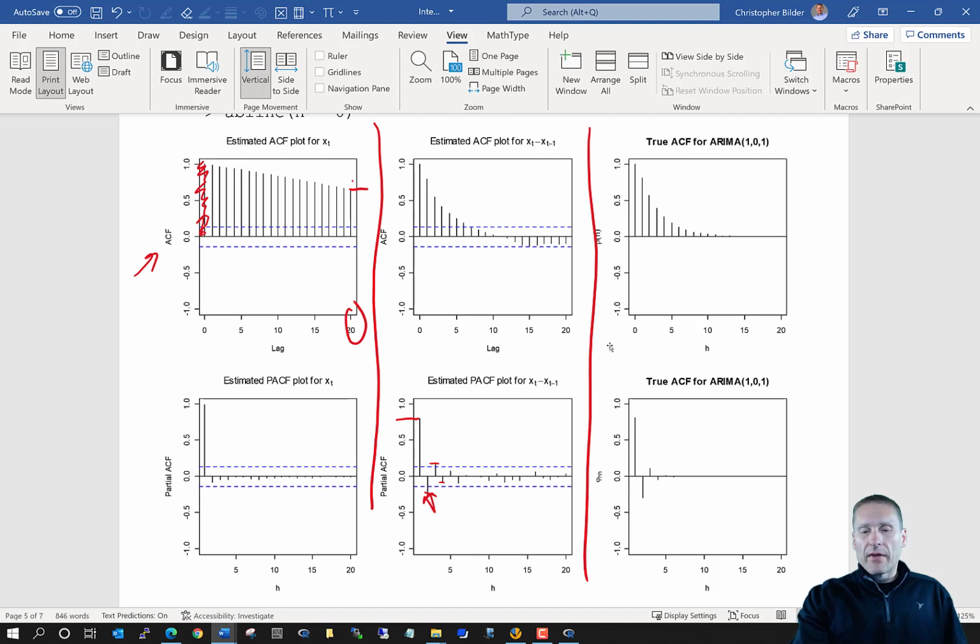Now, for the autocorrelation function, again, don't look at that lag 0 value. What we would expect to see here is one large value, in terms of away from 0, because we have one moving average parameter, and then the rest of the autocorrelations are tailing off to 0.